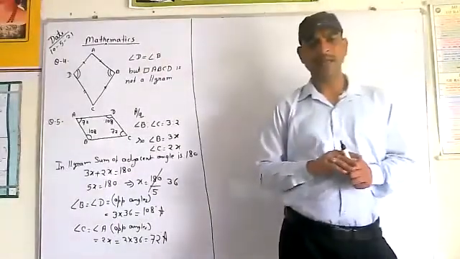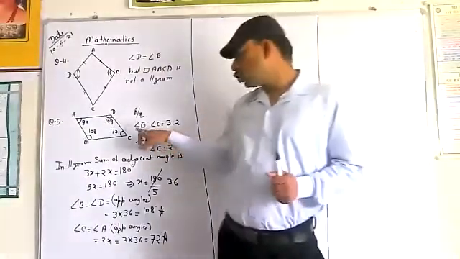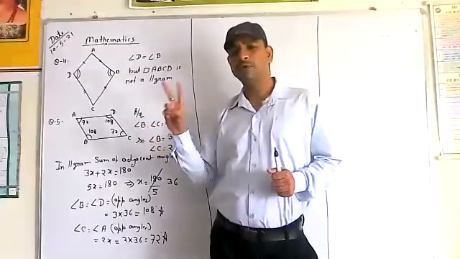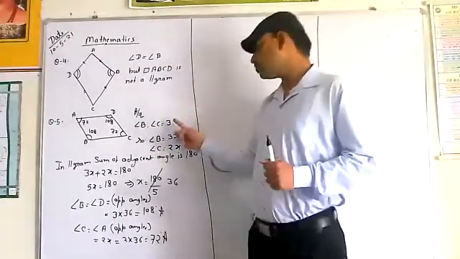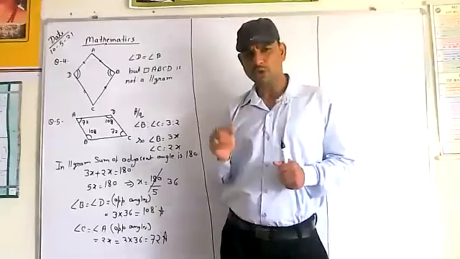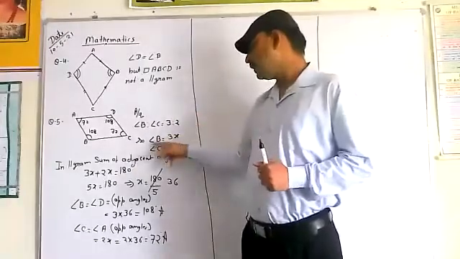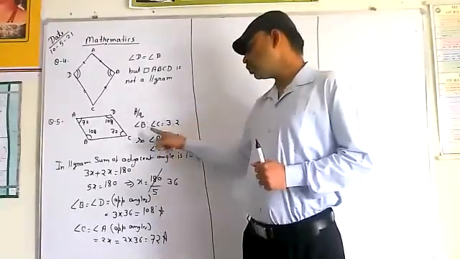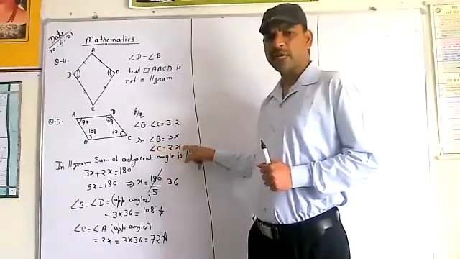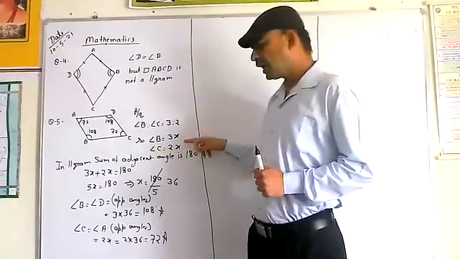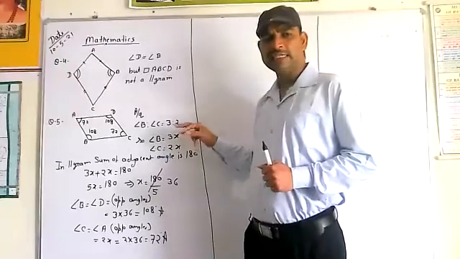Now students, again, in the question the ratio of two adjacent angles is 3:2. So angle B is equal to 3x and angle C is equal to 2x. These are adjacent angles.